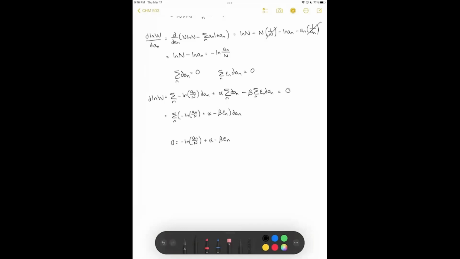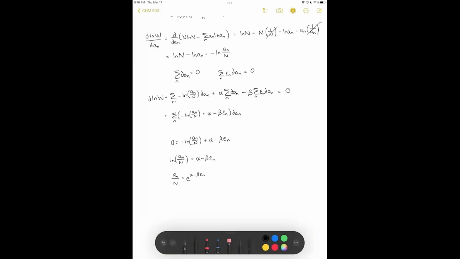With this equation, we can rearrange and solve for a sub n. So what I'm going to do is add the natural log of n term over. So we get the natural log of a sub n over n is equal to alpha minus beta epsilon n. We'll raise this to e, so that will give us a sub n over n is equal to e to the alpha minus beta epsilon n.